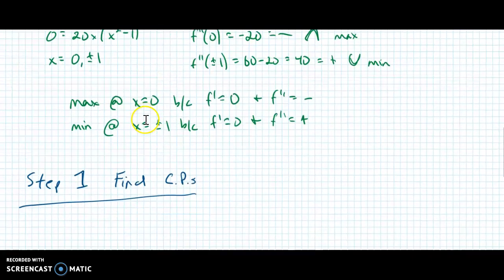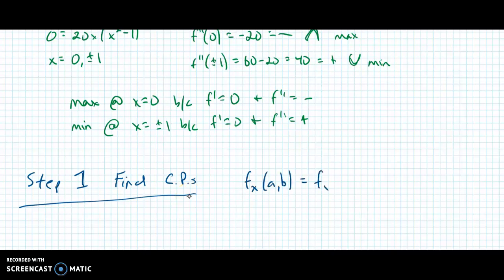So when I have a three-dimensional function, a function of two inputs, I have two different derivatives, two partial derivatives. So critical points are when f sub x of a comma b equals f sub y of a comma b equals 0.